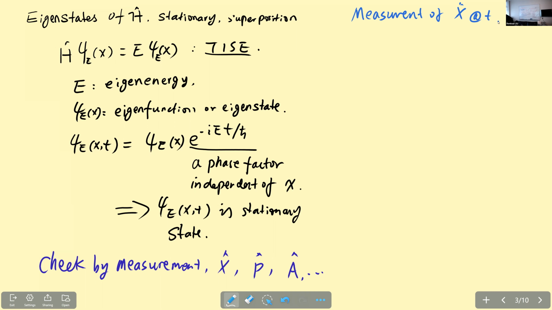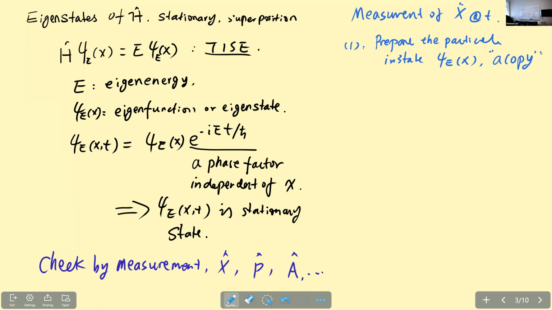So actually, in step one, you prepare the state. The particle in the state ψ_E(x). Okay, so this is a copy. We call this one a copy, okay?